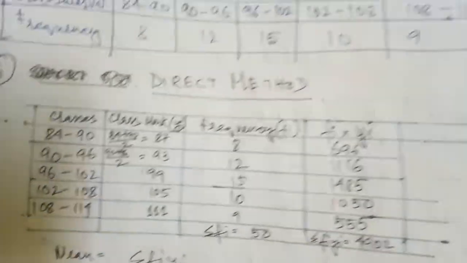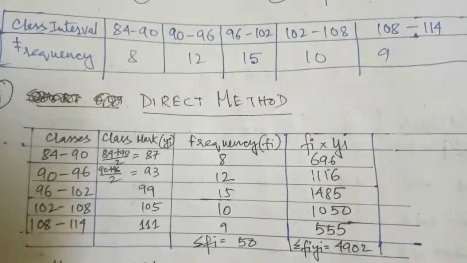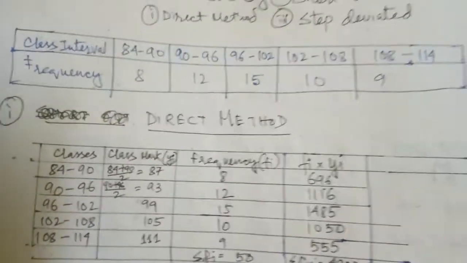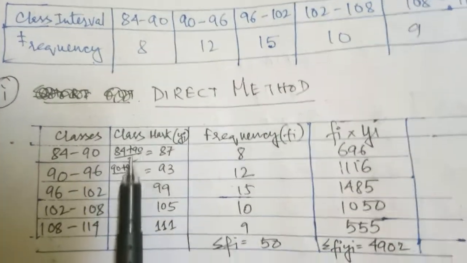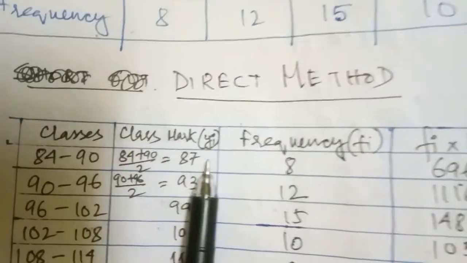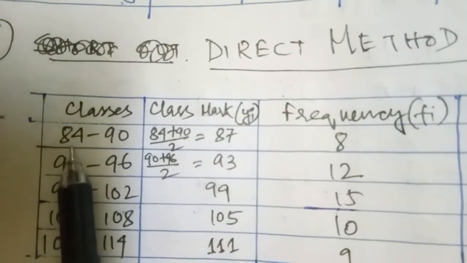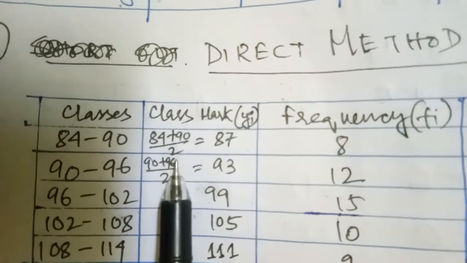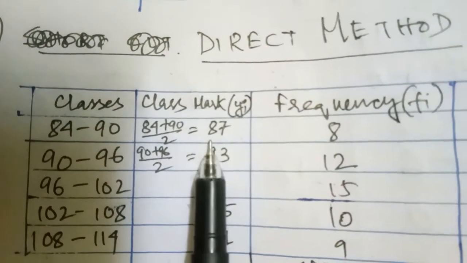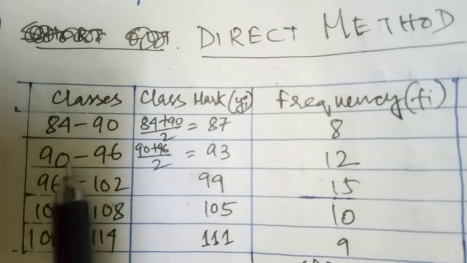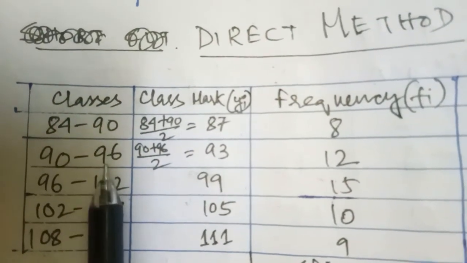Same thing, see, the classes are given over here. Class mark means upper class plus lower class divided by 2. If we add up and divide by 2, we get 87. Again, 96 plus 90, divided by 2, will become 93.